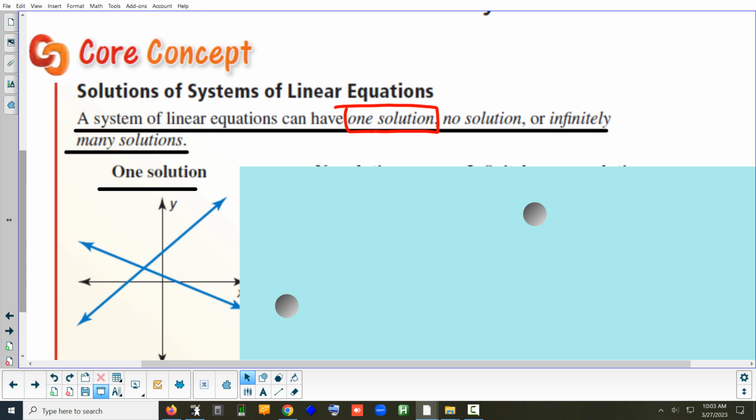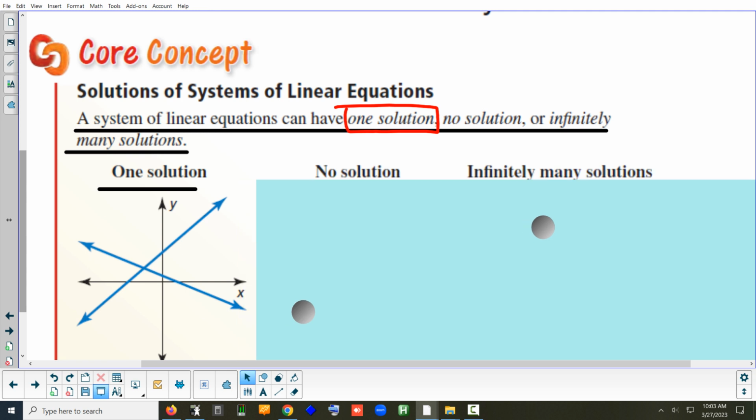If you want to visualize what a one solution problem looks like when you draw it, your lines look like an X shape, and where they cross is the solution. You have a spot in your guided notes right above the lines that I drew, and you want to fill in what's underlined: one solution.